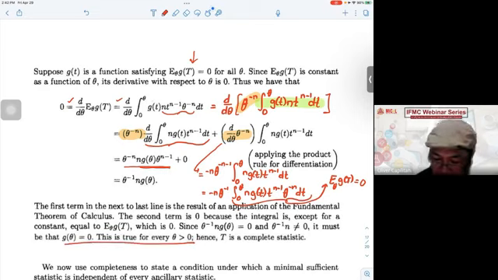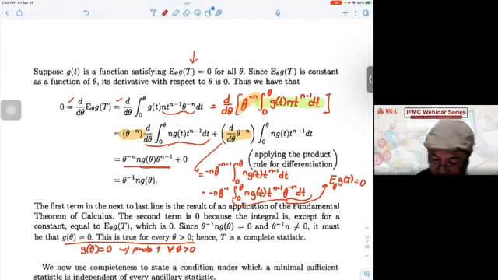So g of theta is equal to 0. This is true with probability 1 for every theta greater than 0.